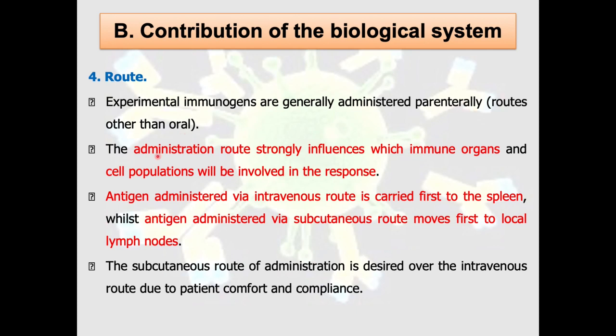The administration route strongly influences which immune organs and cell populations will be involved in the response. For example, if you need to take antibiotics, the doctor says you have to take them in the form of a drip, IV.